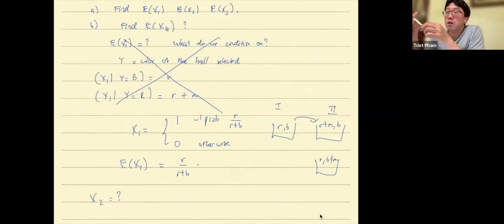So for that reason, what do we condition on? X2 is where you start conditioning. What do we condition on for X2?